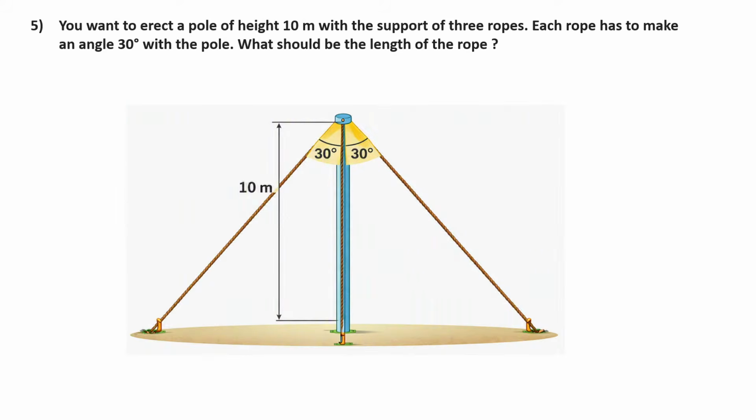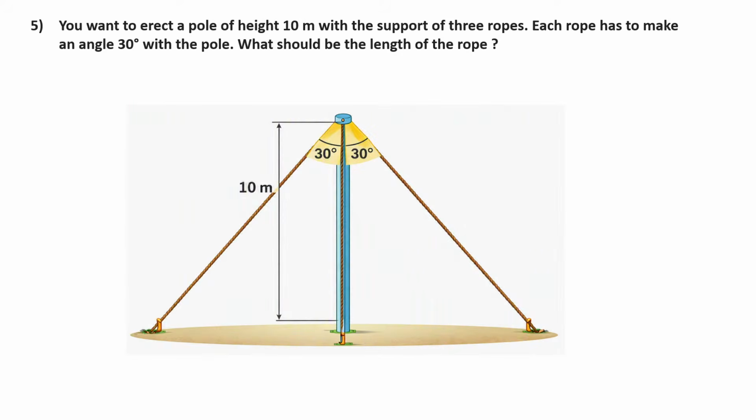That you must remember. And here one more thing we need to assume, that the lengths of the 3 ropes are the same. So we find the length of one rope so that the remaining two ropes also have the same length.